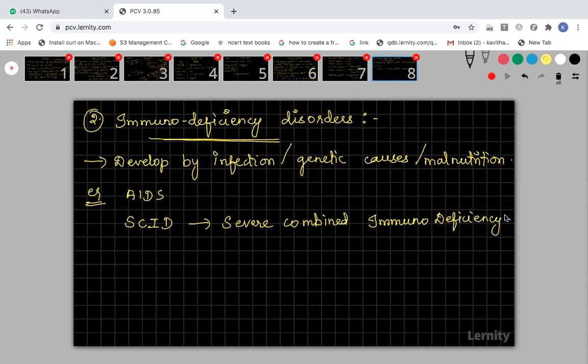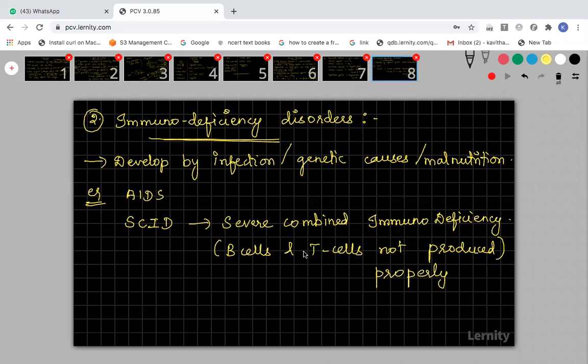It is similar to AIDS. Here also the B cells and T cells will not be produced in sufficient number, not produced properly. You just imagine if B cells and T cells are not there, how will antibody production occur?